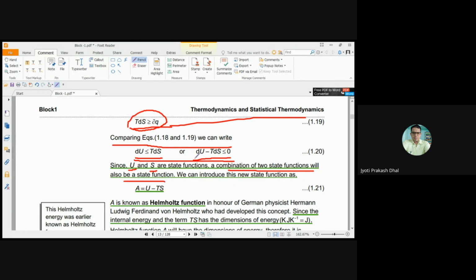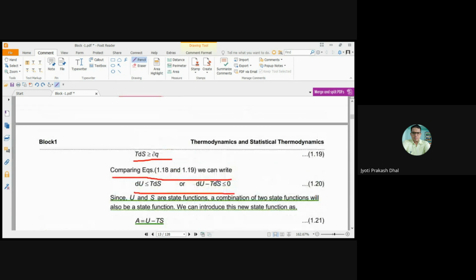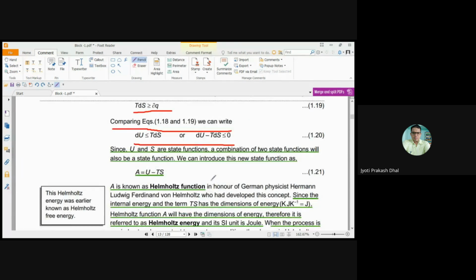So from equation 1.18 and equation 1.19, we find that dU minus TdS is less than or equal to 0, including the Clausius inequality conditions.